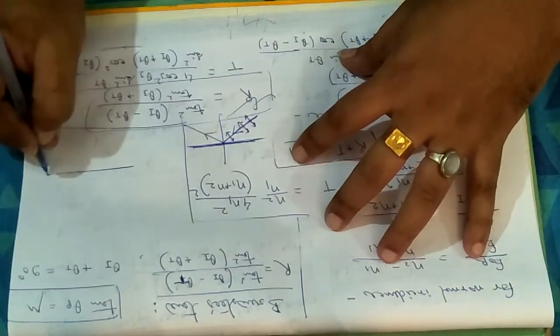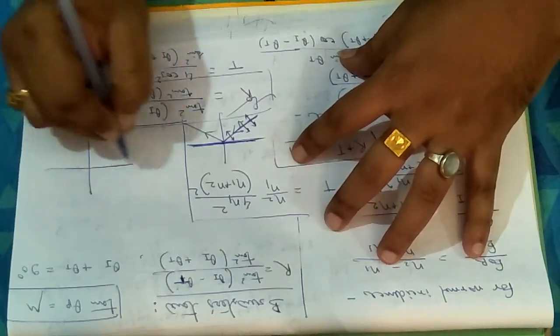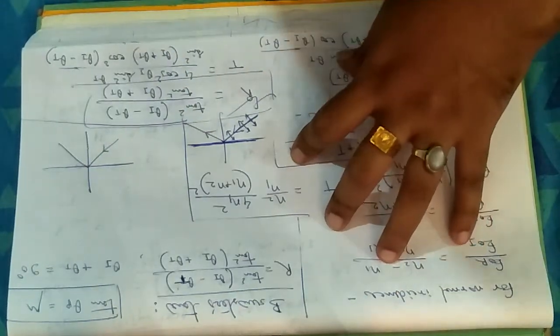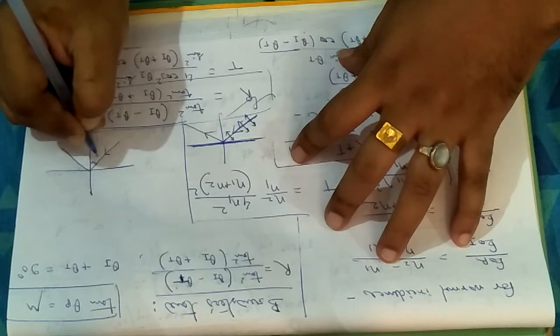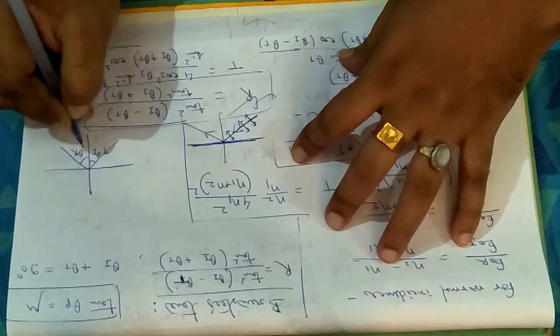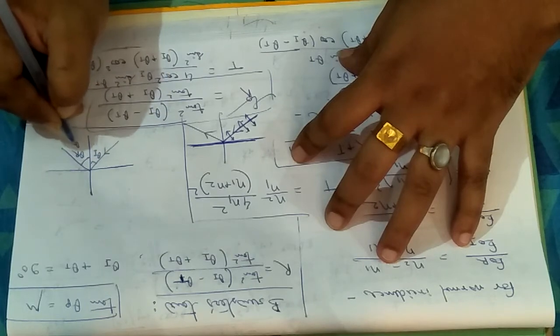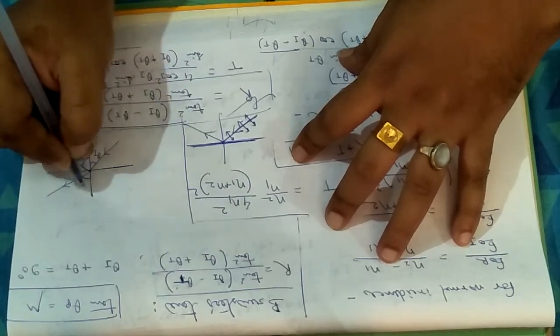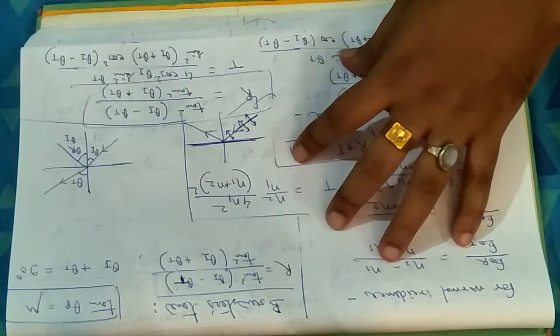The significance is, my picture was like this. This is the interface, this is the incident ray, it is incident with the angle theta I, this is theta r, and theta I and theta r are both equal, so I can write it as theta I also, and this was the transmitted ray, this angle was theta t.